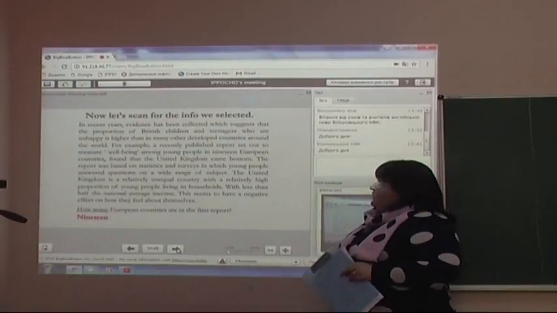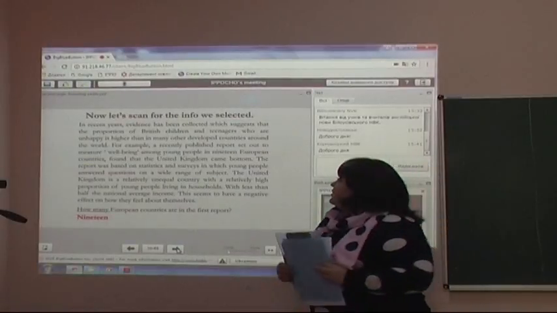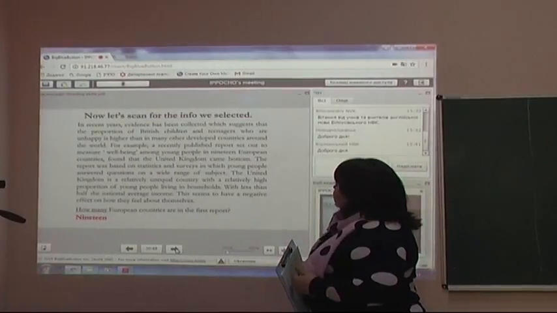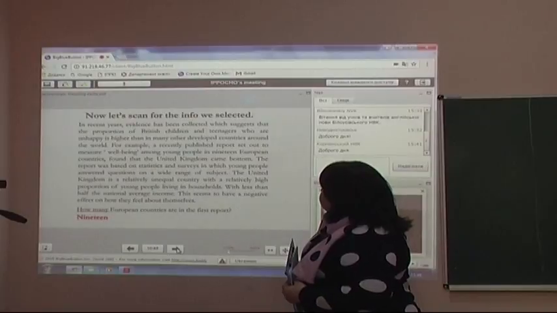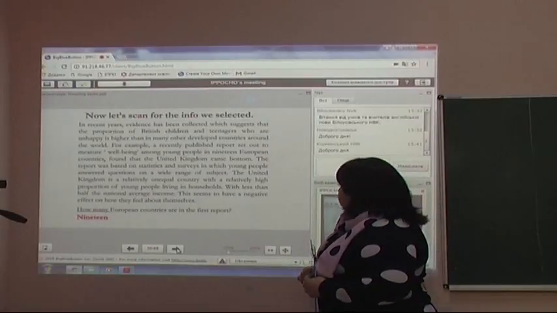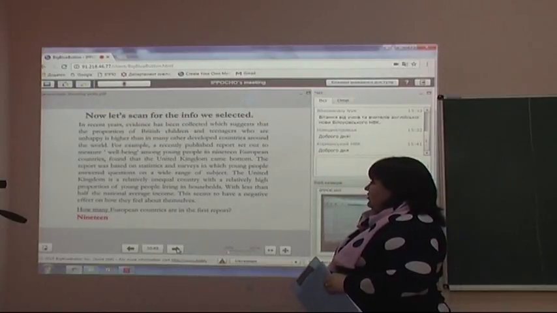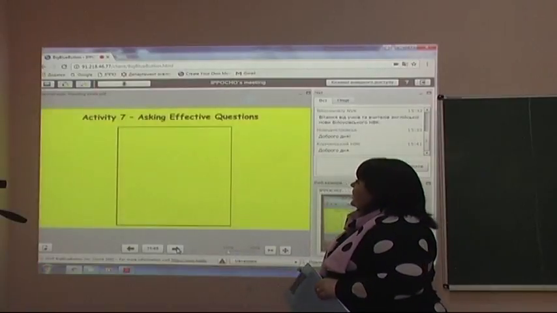Now let's scan for the information we selected. In recent years, and we need to find the number. Where is it? It is written, and it is 19. How many European countries are in the first report? So it is 19.